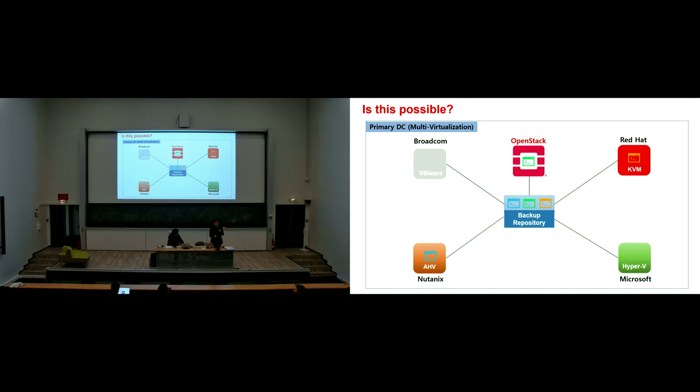Now we have ZIA backup in the backup storage, right? If you want, you can move to a different hypervisor cloud, such as Hyper-V. Red Hat can be recovered to Microsoft, like a copy and paste process or backup and recovery process. Nutanix can do it. OpenStack, stay, okay?